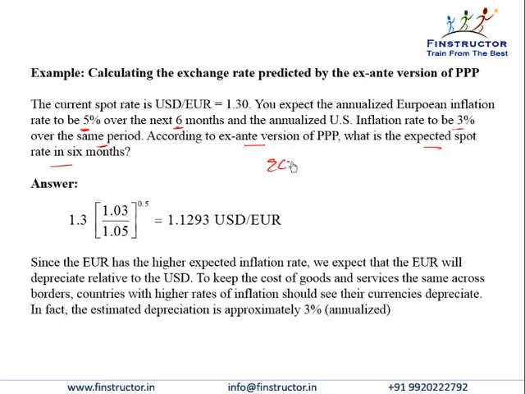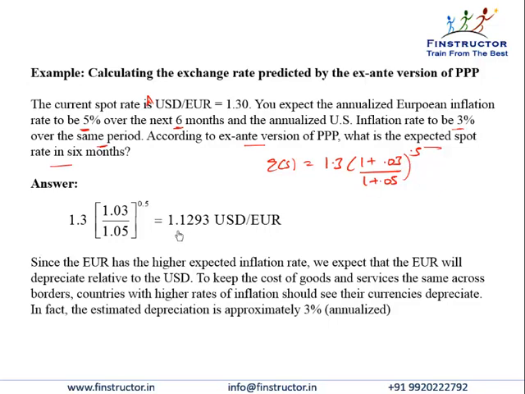So the expected spot rate would be the spot rate today into 1 plus the inflation in the domestic currency upon 1 plus the inflation in the foreign currency. So 1 plus 0.03 divided by 1 plus 0.05. Rates will always be annualized. If it's 6 months, then we raise it to the power 0.5, that is half a year.